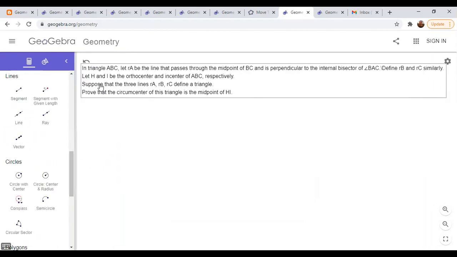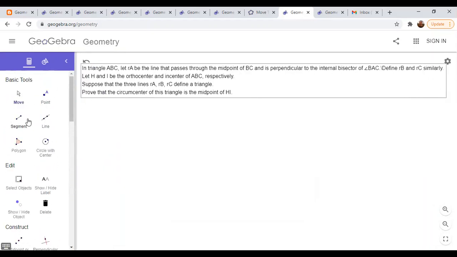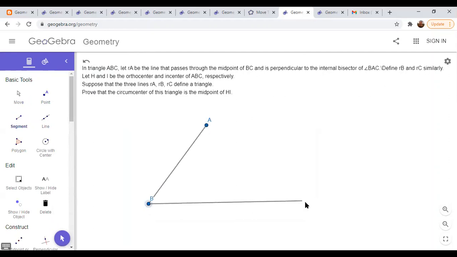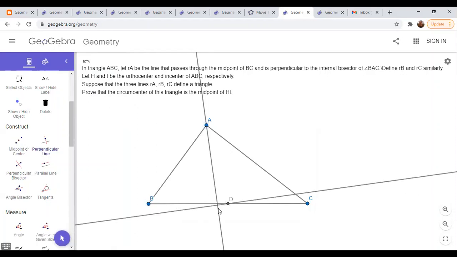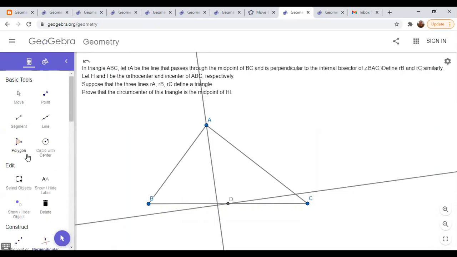So we have a triangle ABC, and RA passes through the midpoint of BC, and it's perpendicular to the internal bisector of angle BAC. Okay. Yeah, like this. And then we draw the other lines.